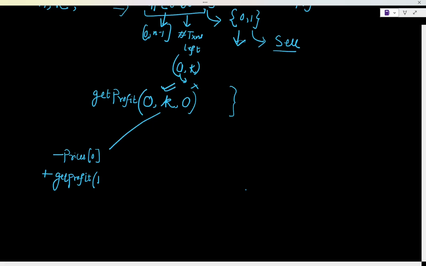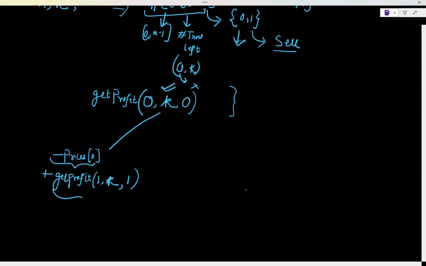So from index number 1, you still have K number of transactions left because we are doing a buy. Remember that K will reduce only when we do a sell, because a transaction means both buy and sell. So when we are doing a single buy, K will not get altered. So this will still remain K, but this 0 will become 1, indicating that the next thing is a sell because we have done a buy here.